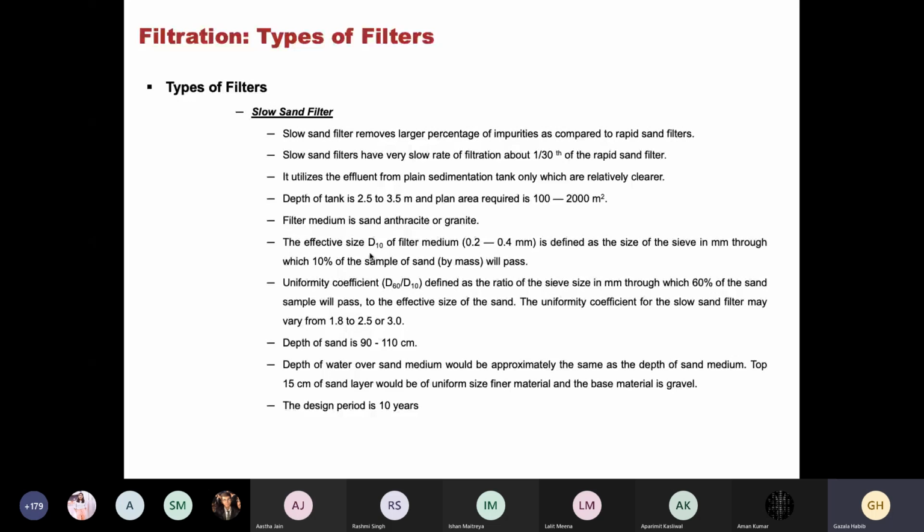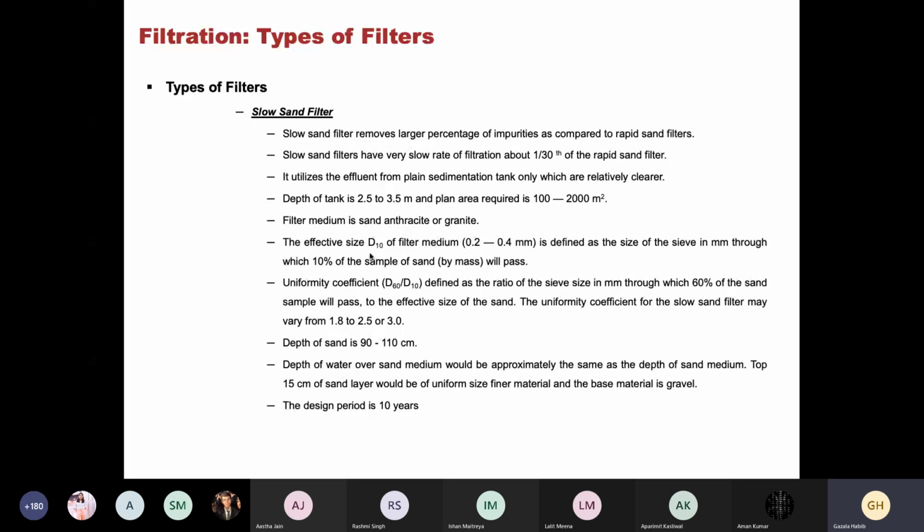To define the size of the sand particle, D10 is the effective size of the sieve in millimeter through which 10% of the sand, minimum 10% of the total mass, will pass.